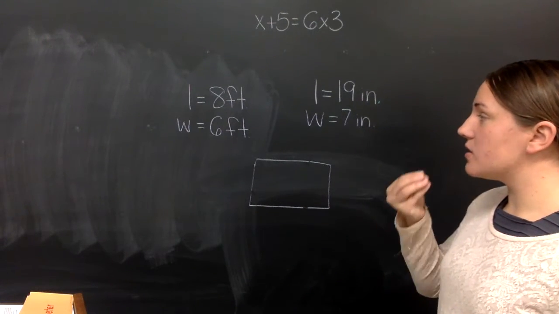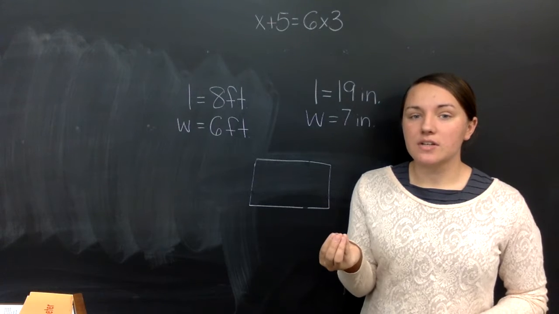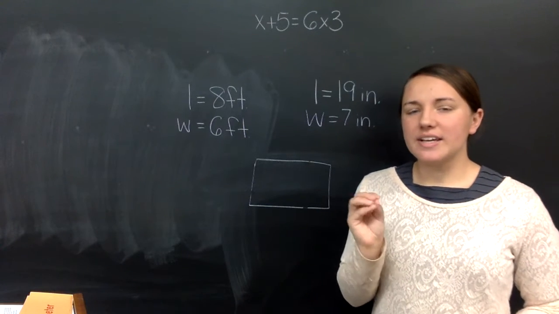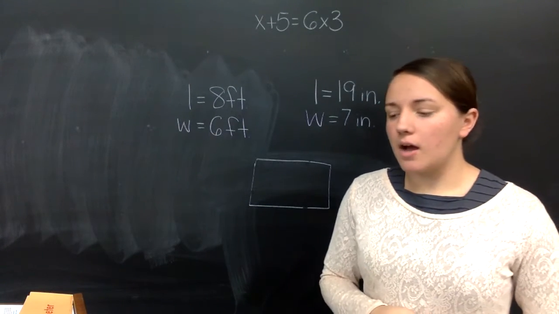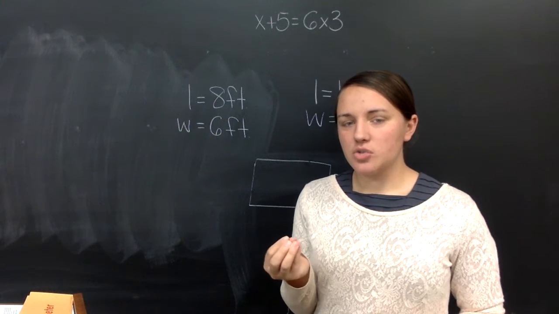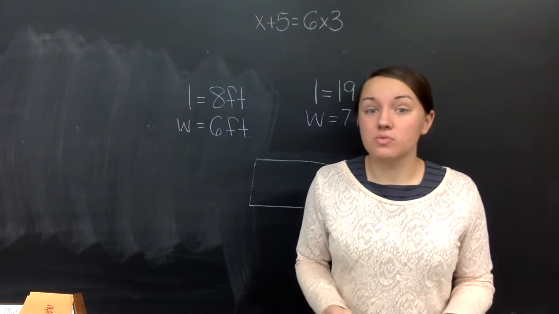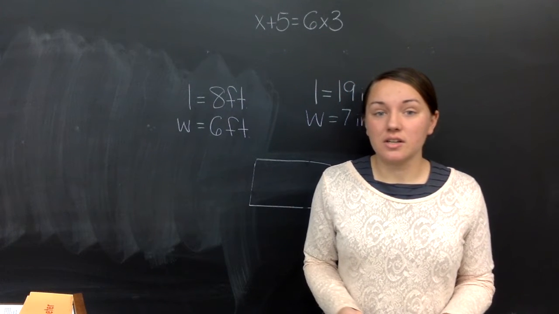Now, there's what we call a formula that we can use that tells us how to do that. Now, what is a formula? A formula is kind of like a recipe. Did you ever use a recipe to make something, or your mom uses recipes to cook in the kitchen?